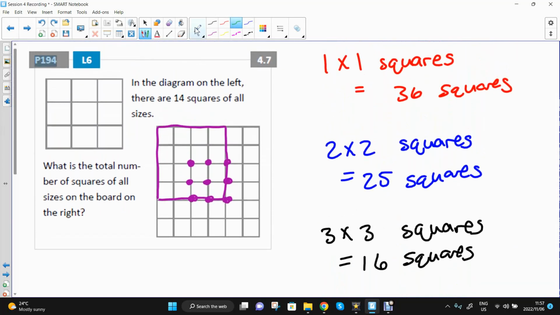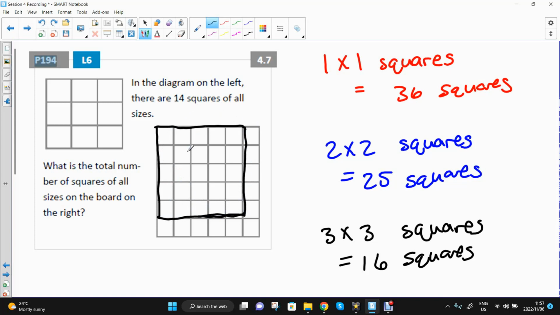Almost done. We now want to check how many 5 by 5 squares we can fit into this diagram. So 1, 2, 3, 4, 5. 1, 2, 3, 4, 5. Close off. And do we have a center here? Actually, this one's quite easy to see. You're going to have one there.